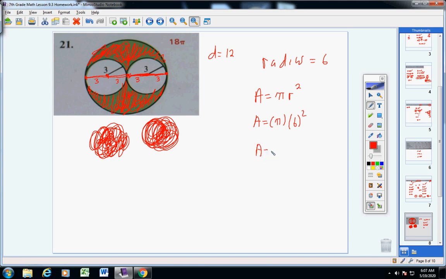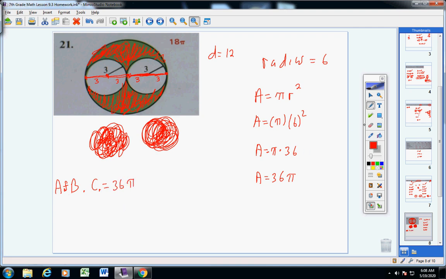So area equals pi times 36, which is the same thing as 36 pi. So there, I'm going to put BC, area of big circle is 36 pi.